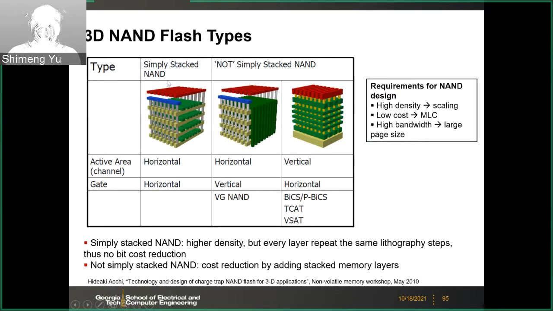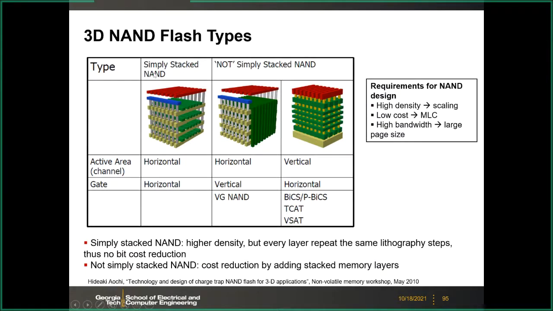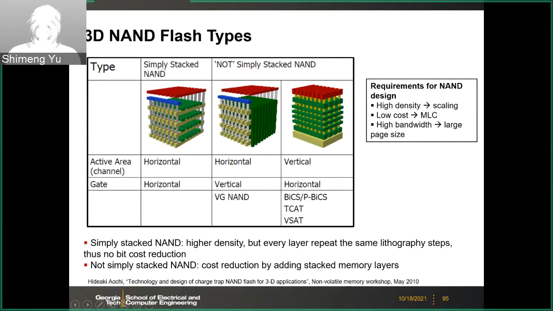So if you think about the 3D NAND flash, actually there are many ways to do the 3D stacking. The first one is this simply stacked NAND flash. This was never used in the industry. This is just a concept. The idea is very simple. You can just fabricate the two-dimensional NAND flash layer by layer.